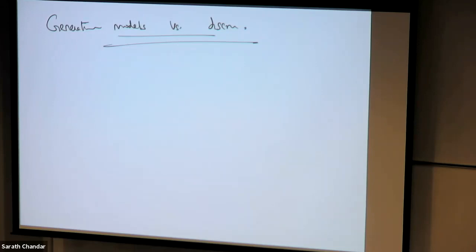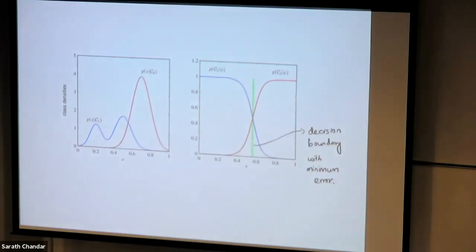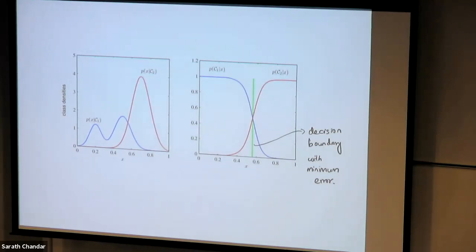Okay. Why? So here is an example. On the left side, you see the class conditional densities, P of x given C1 and P of x given C2. Now you see that the first class looks a little bit more complicated, right? It has two modes. It looks complex.